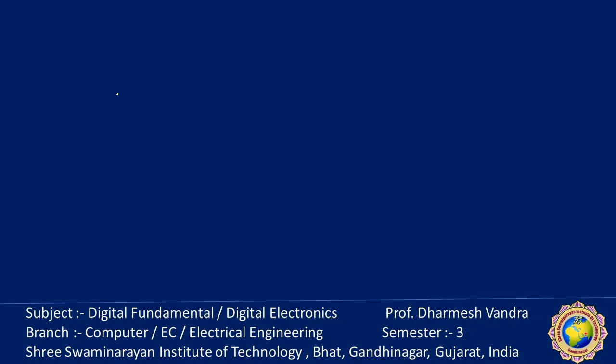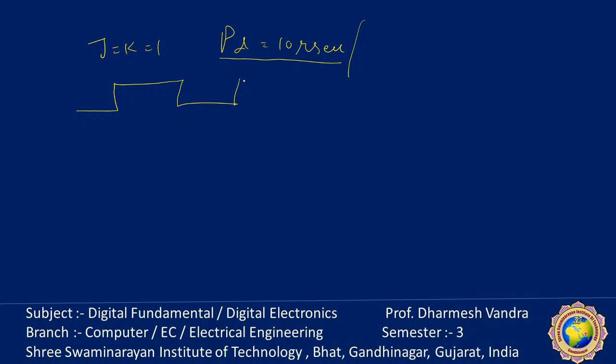Example: J and K both equal to 1. Propagation delay time is 10 microseconds, so in 10 microseconds the output is stable. Suppose in the first condition the clock pulse is 20 microseconds.